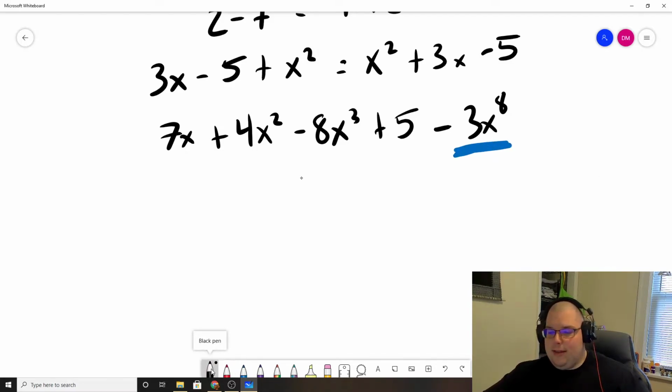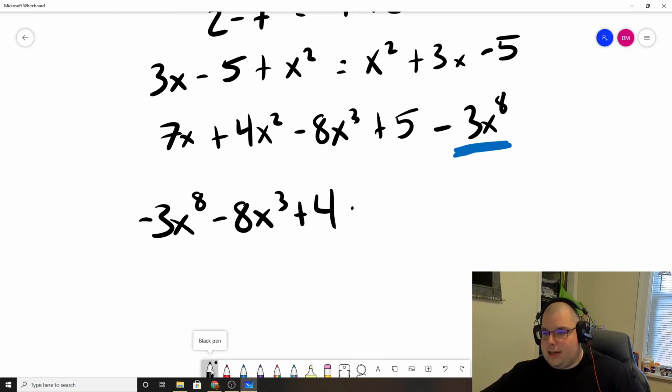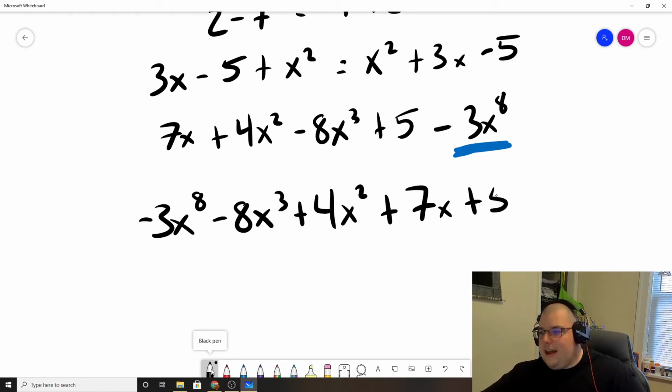So I want to write that first, negative 3x to the 8th. And then I continue looking for the next largest exponent, which in this case would be negative 8x cubed. Then would come that positive 4x squared, then the 7x, then 5.